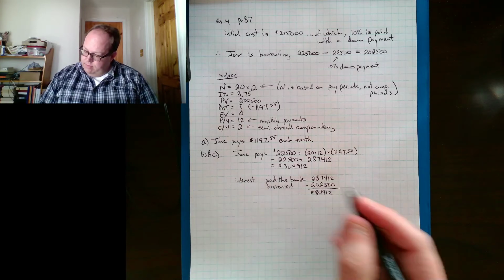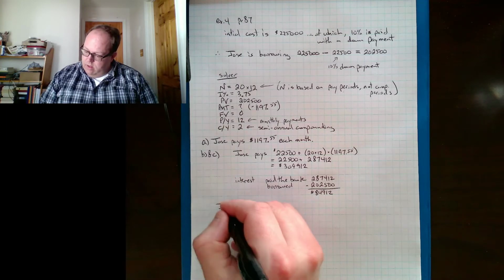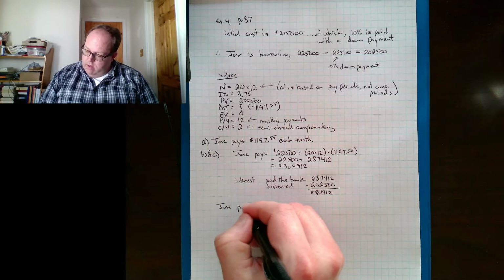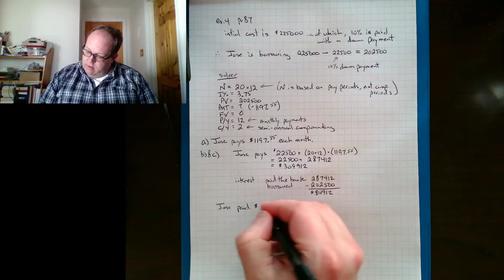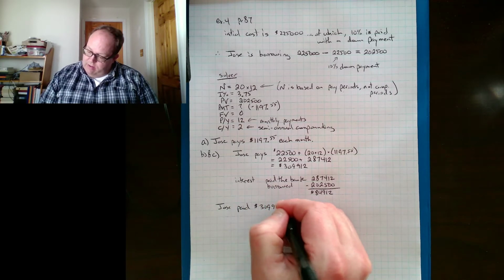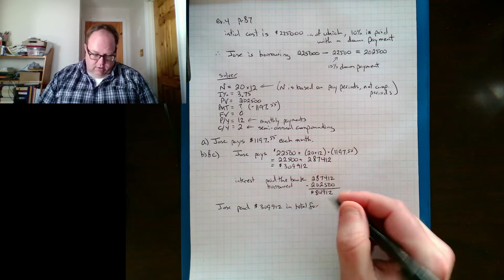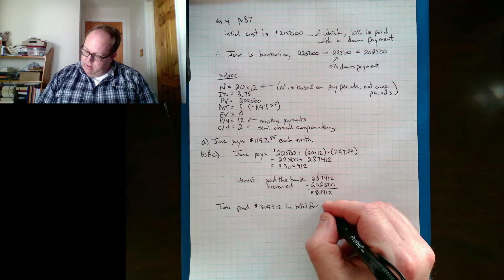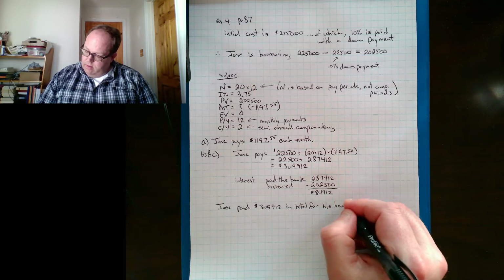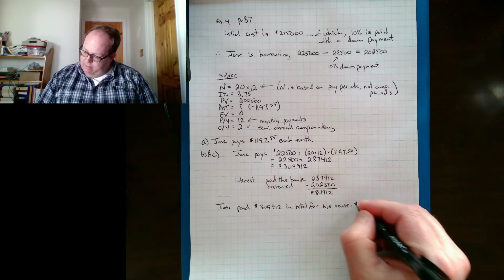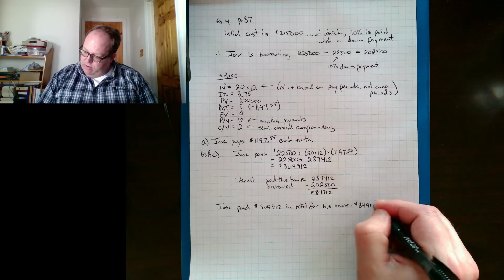So Jose paid $309,912 in total for his house. Of that money, $84,912 was interest.